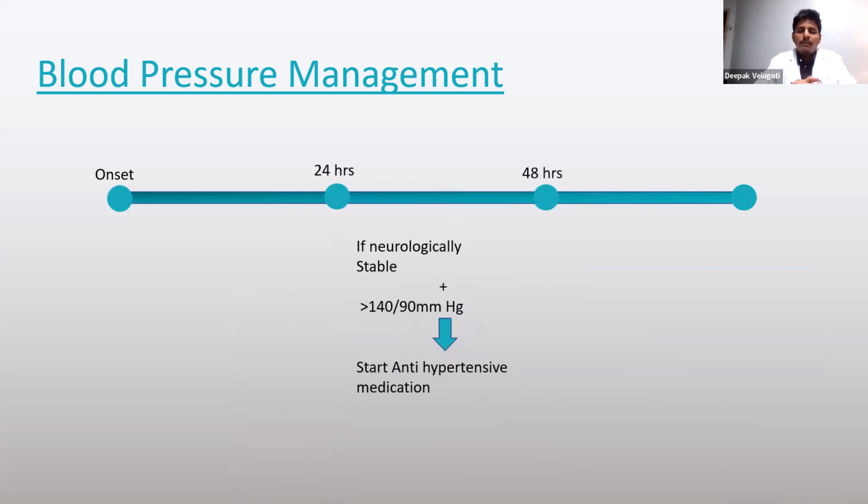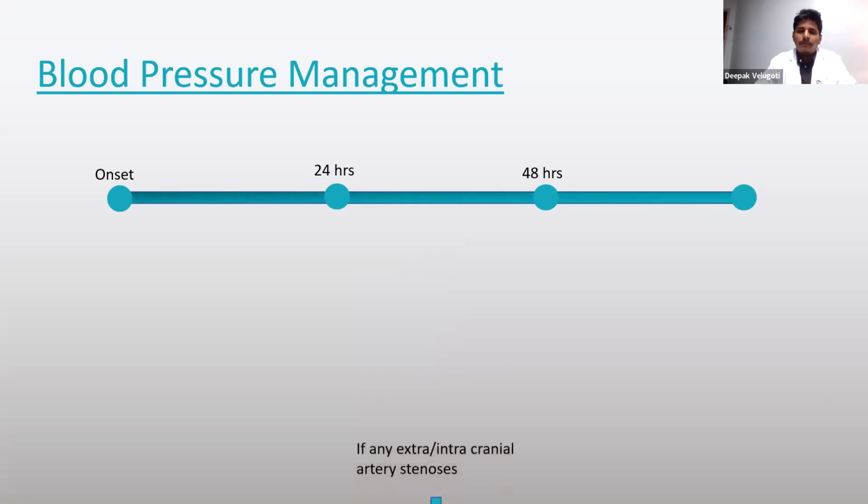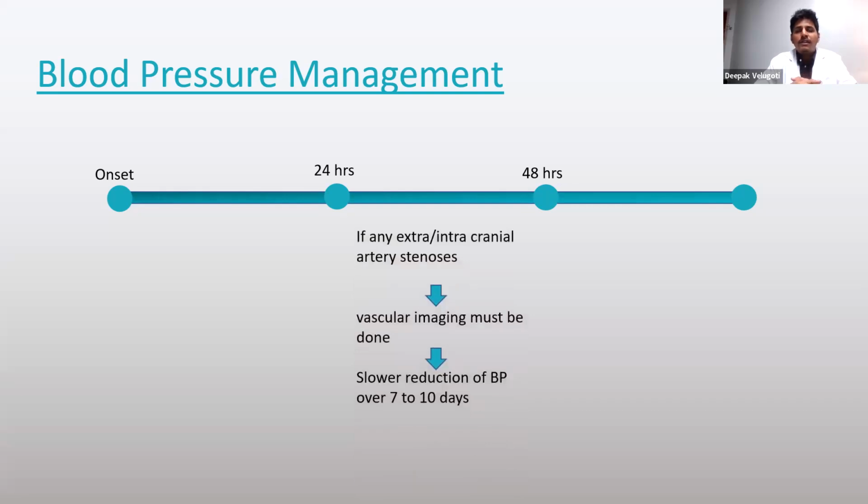And after 24 hours, if the patient is neurologically stable with blood pressure over 140/90, we can start antihypertensive medication as soon as possible. And in case of patients with extracranial or intracranial artery stenosis, vascular imaging must be done before administering any antihypertensive medication.